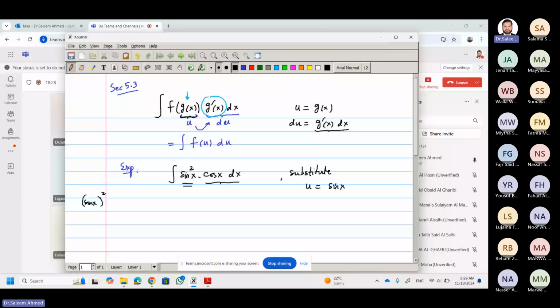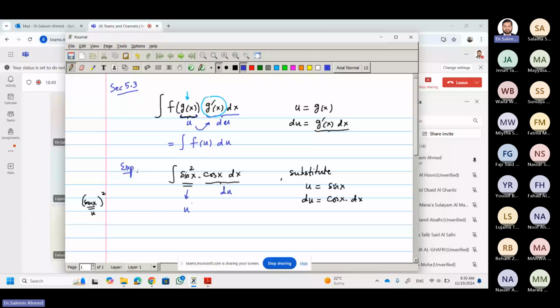So we can take u as sine x, and the differential of u will become the derivative of sine x with dx, differential of x. So now this whole thing has become du, and sine square has become u square.